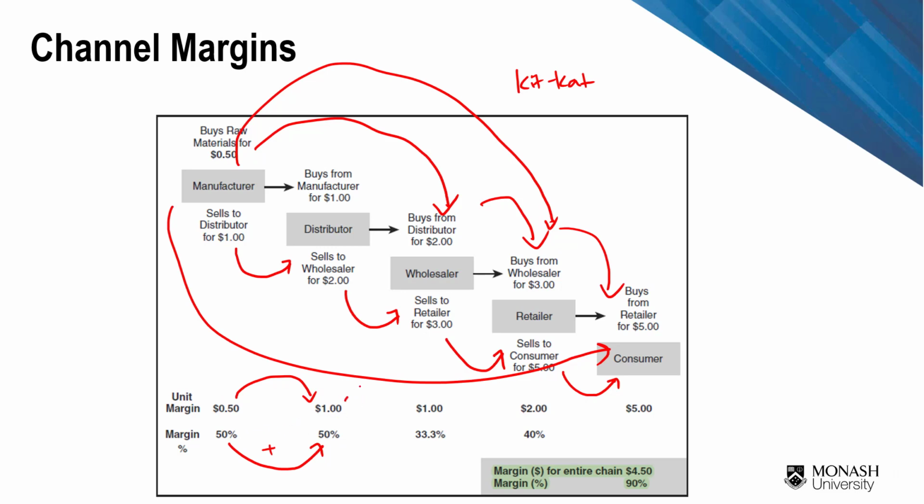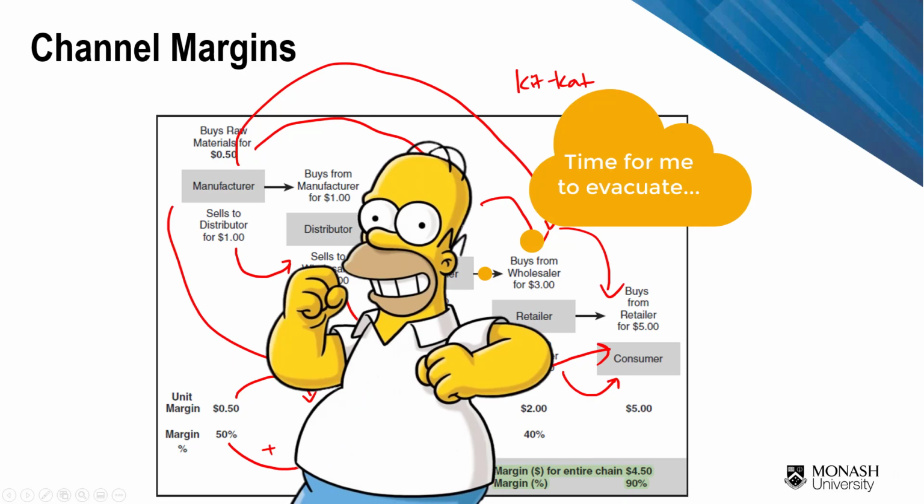The idea is that as you progress along, it becomes more expensive because they add the markup or the margin. So that's pretty much all for channel margin. In the next video, we're going to see how margin and markup play along in this channel margin. So stay tuned. I'll see you in the next video.